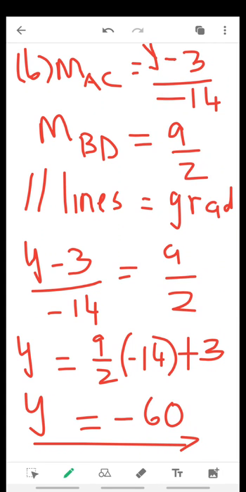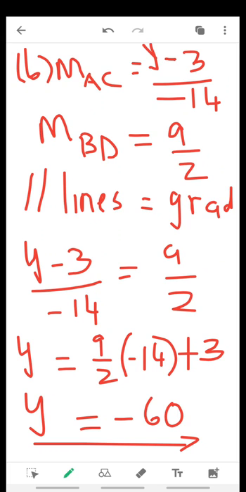Because we don't know what is y, the gradient of AC will be in terms of y. This will be y minus 3 all over minus 14. And then, what is the gradient of BD? It will be 9 over 2. I didn't do the calculations here, but I want to believe that you will do them in your practice book.